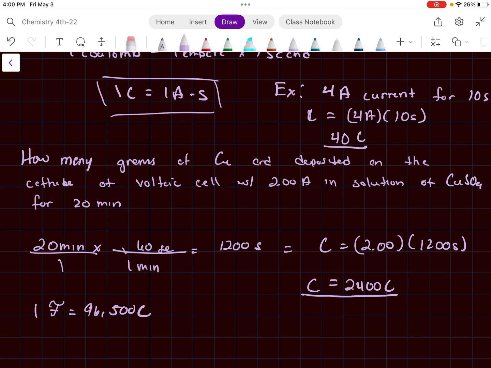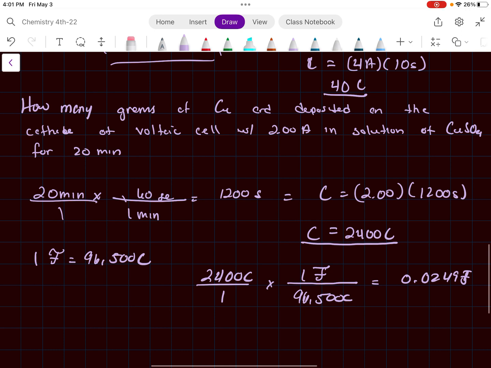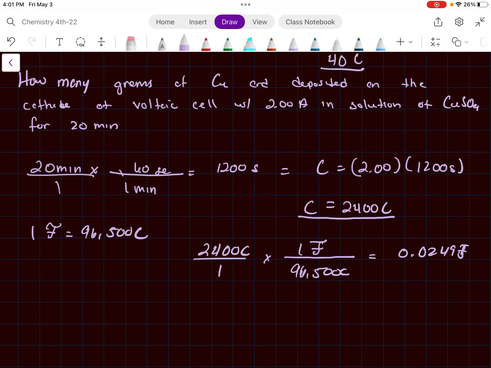If I have 2,400 coulombs, and the conversion factor says that 1 Faraday is equal to 96,500 coulombs, then that's going to leave me with 0.0249 Faraday.